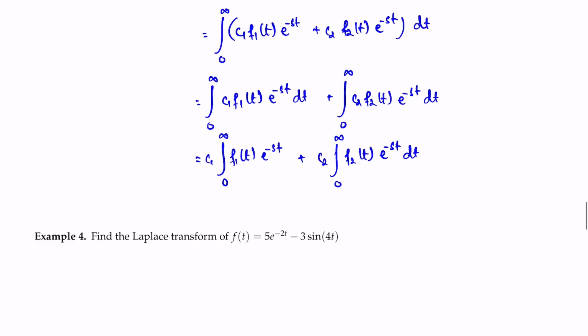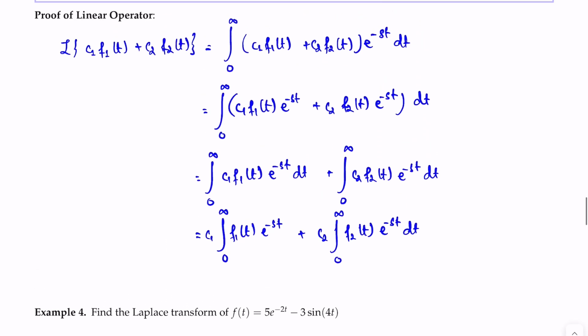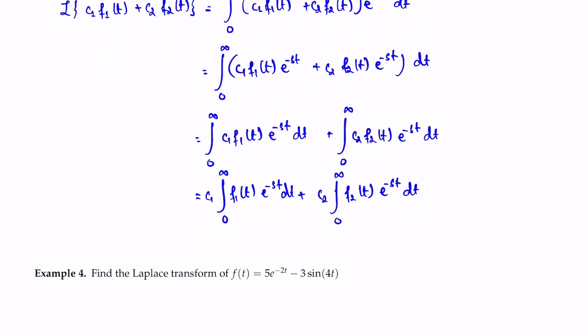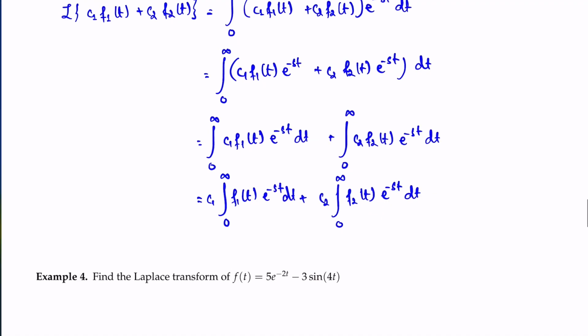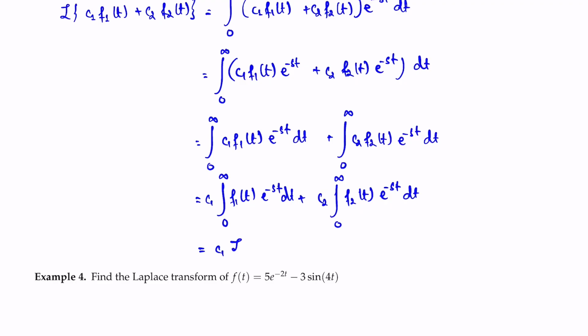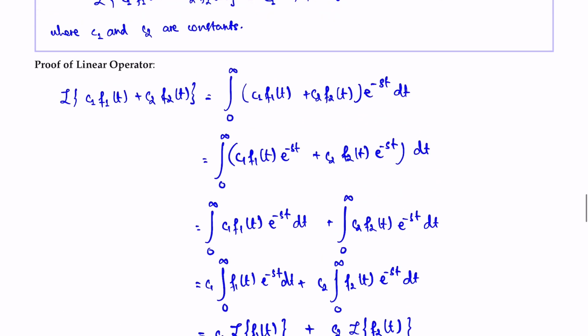When you look at this integral, you see this is the Laplace transform of f1. This improper integral represents the Laplace transform of f2. Therefore, you have C1 times Laplace transform of f1(t) plus C2 times Laplace transform of f2(t). So we just proved the linearity property of Laplace transform. So Laplace transform of the linear combinations equals linear combinations of Laplace transforms.